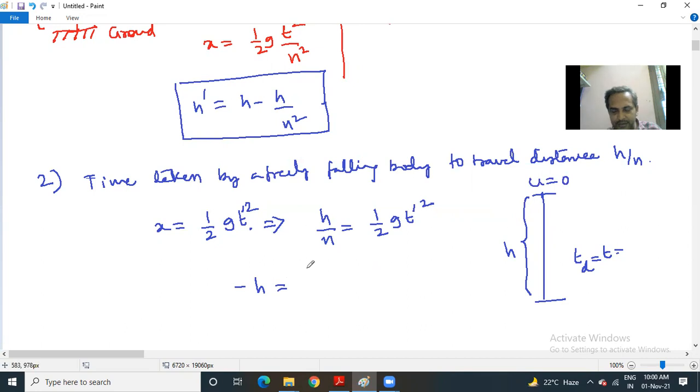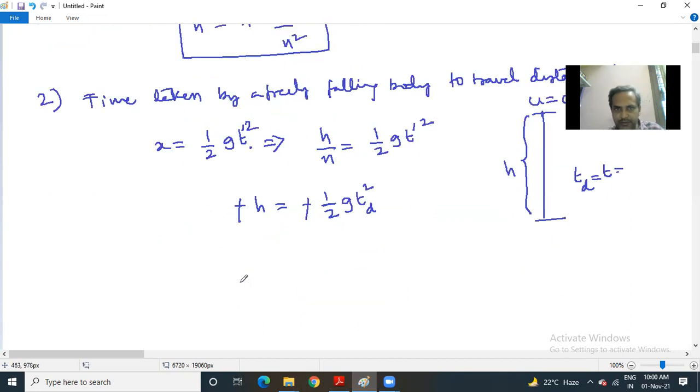So u 0 minus half g, say time of descent square. Negative negative cancelled. So in place of h, you substitute half g td square by n is equal to half g t dash square.